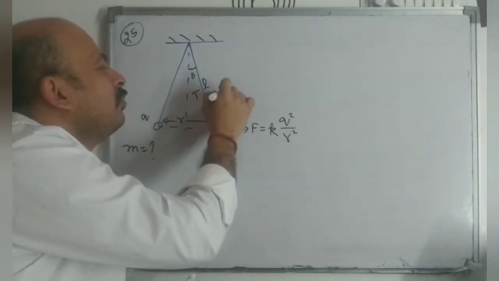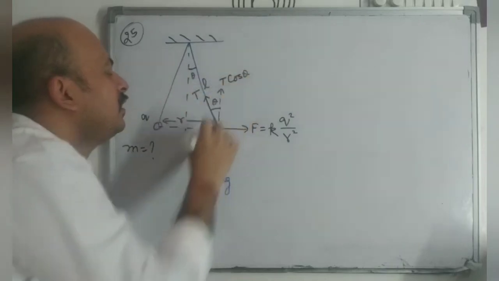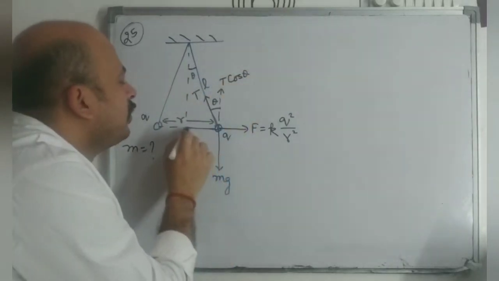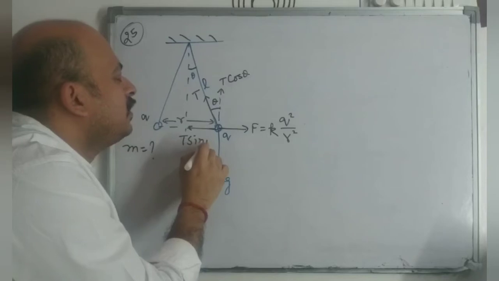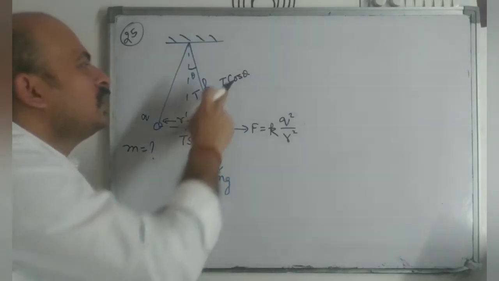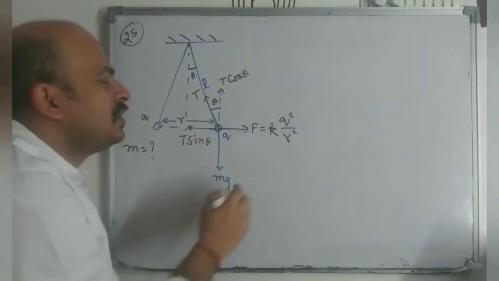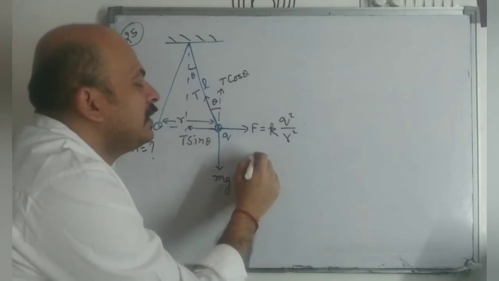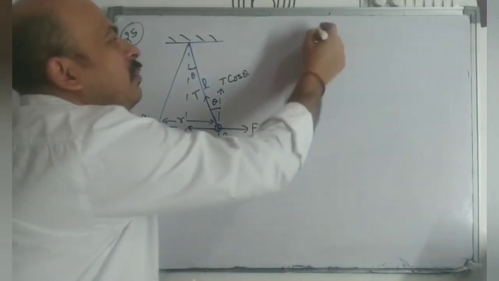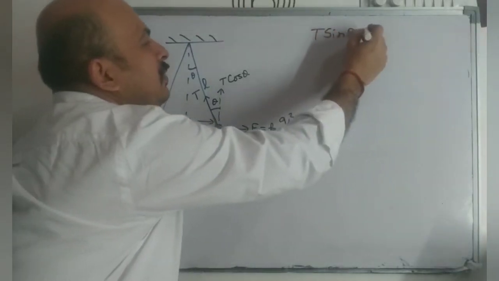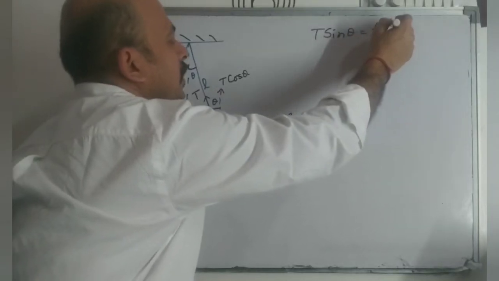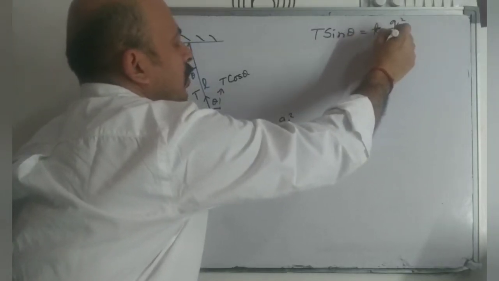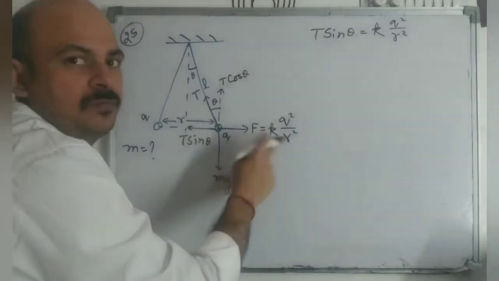So the vertical component of T is T cos theta and the horizontal component of T is T sin theta. So T cos theta balances mg and T sin theta balances the repulsive force. So T sin theta is equal to k q square upon r square, that is F.